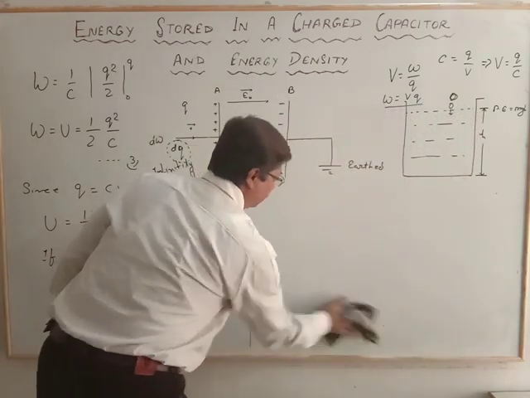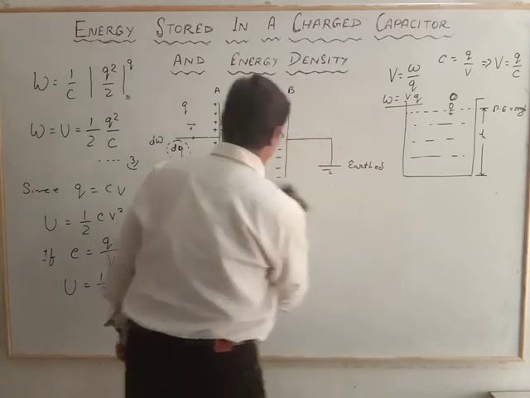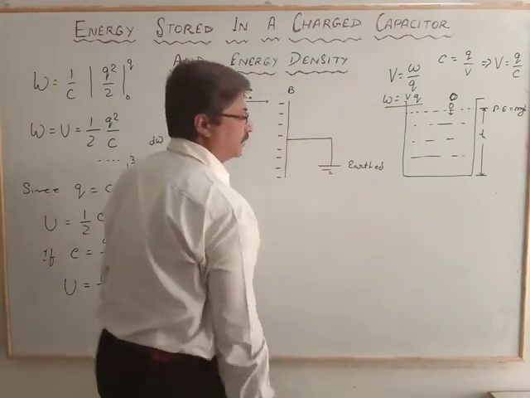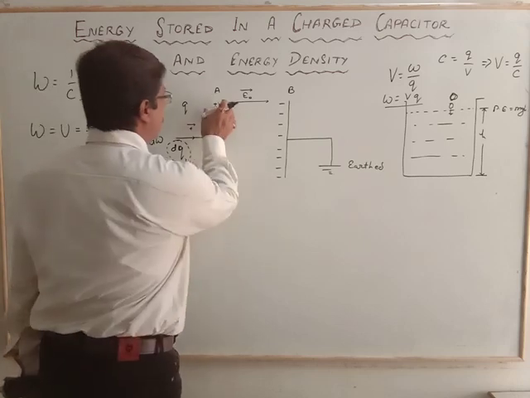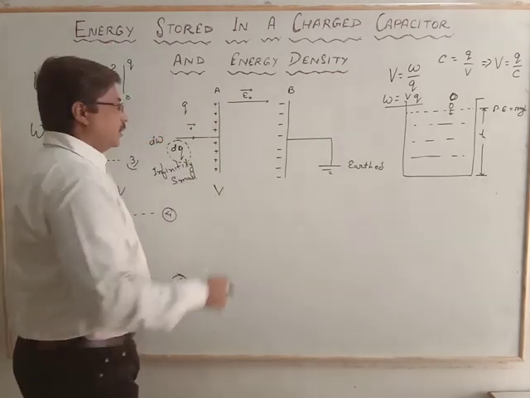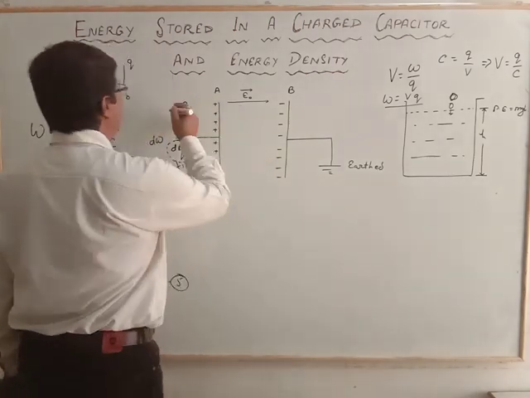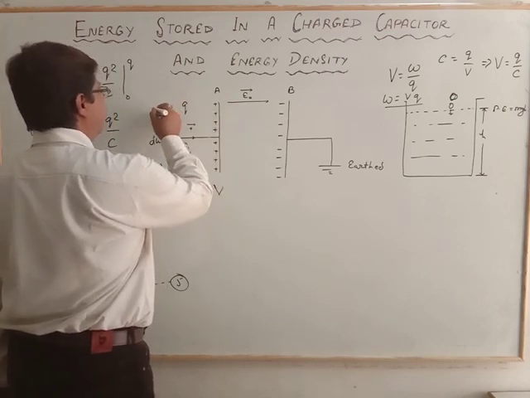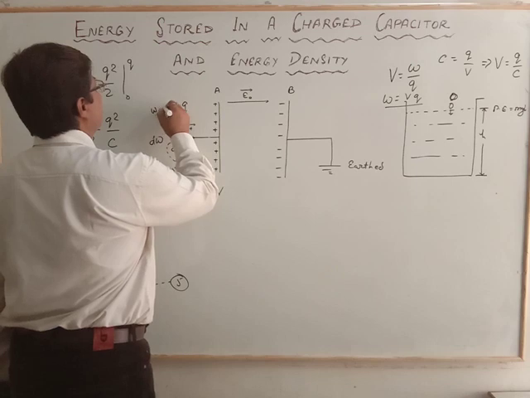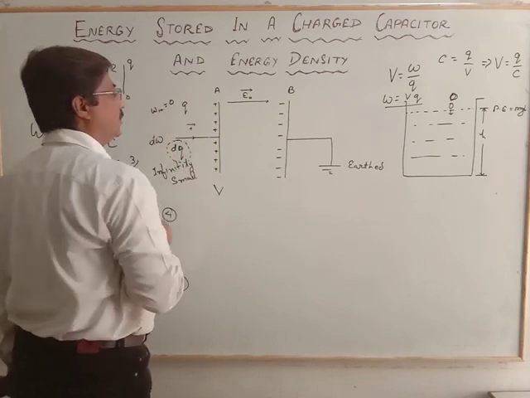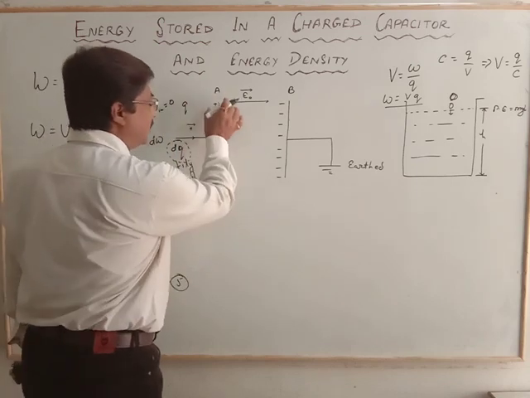We discussed that whenever the charge is supplied initially, there is no opposition on the plate. So earlier there is no work done. Initially work is equal to 0 when there is no charge.